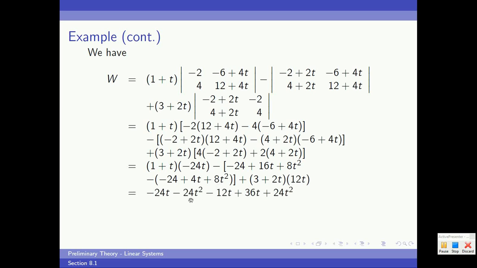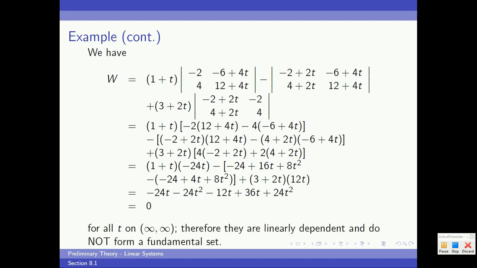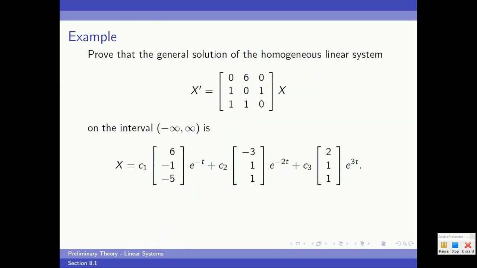Here I have negative 24t squared plus 24t squared. Those cancel out. Those give me 0. Here I have a negative 24t and a negative 12t. That gives me negative 36t. I add that to the 36t, and this gives me 0 for all t. So it's linearly dependent and does not form a fundamental set.